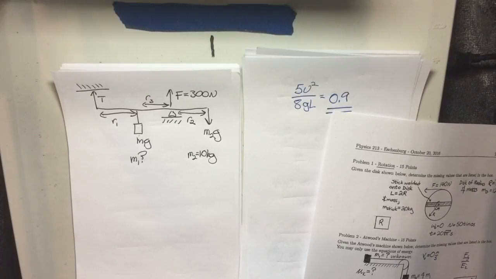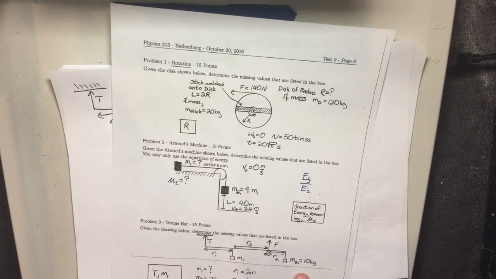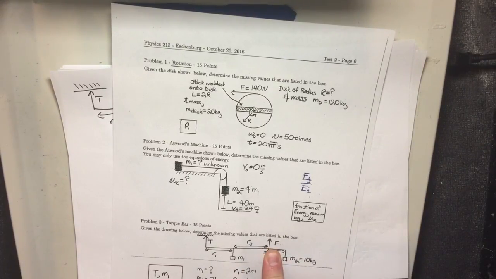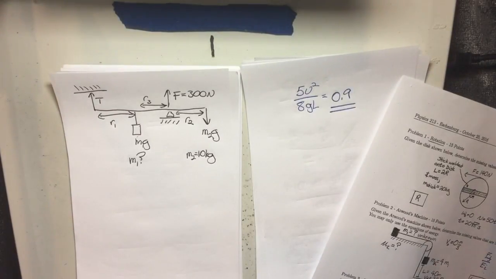Dr. Eschenberg is extremely paranoid about problems that won't work out on tests. So Dr. Eschenberg will be working on a torque bar problem that's new and will work. That's why I specifically made M1 an unknown and I gave you F, because with that particular setup, you can't destroy that type of problem.